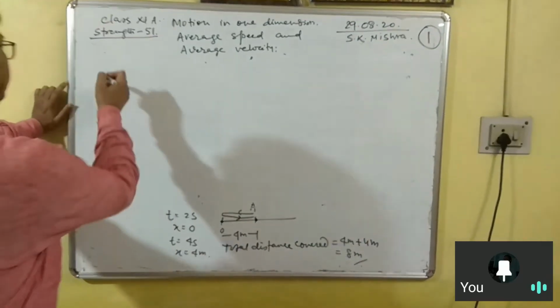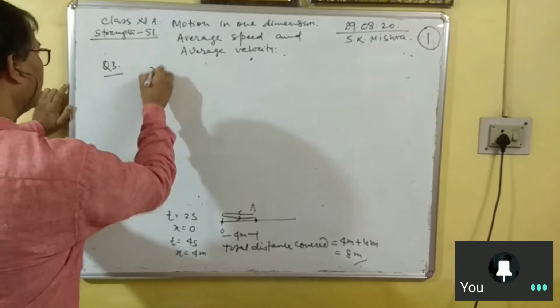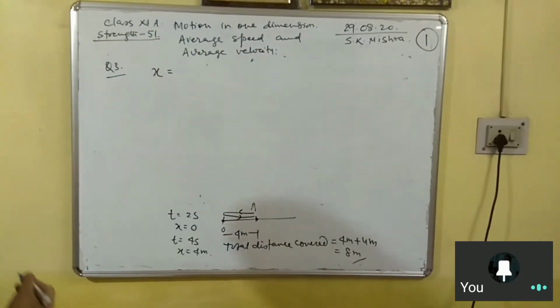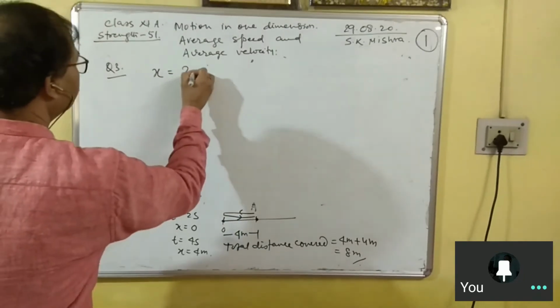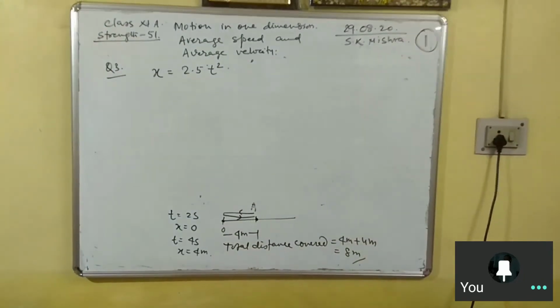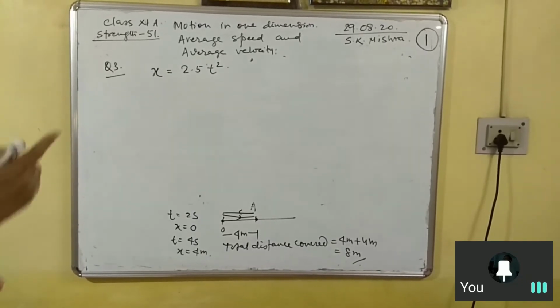Before that, I will solve numerical 3. So, x depends upon t by the relation x is equal to 2.5 t square. The distance traveled by a particle in time t is given by this relation.